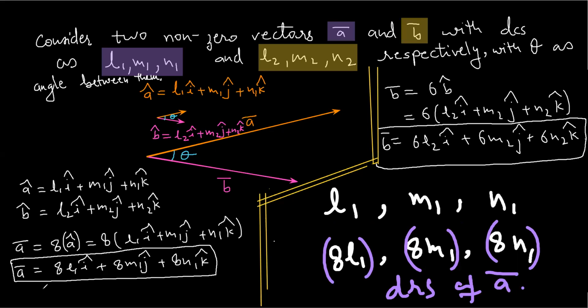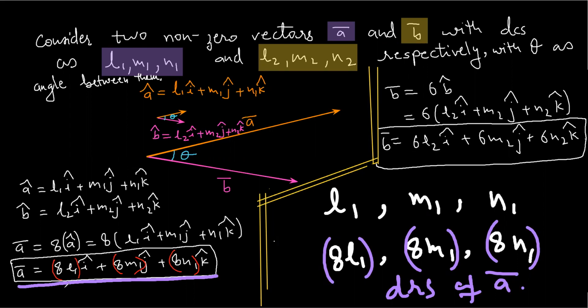And here, see what you did. You have written A bar as 8L1 I cap, 8M1 J cap, and 8N1 K cap. The whole discussion here was to tell you that if you have the DRS of a vector or a line, then you can always get that vector or a parallel vector using the DRS.